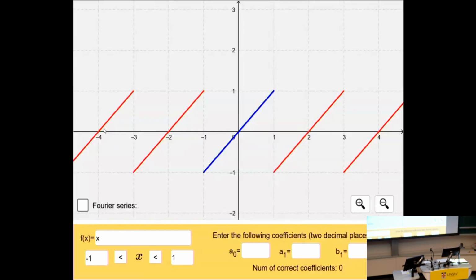Okay, so we're going to do something a bit radical today. We're going to approximate this graph, which actually is a very simple graph, with continuous functions. How do you do that?